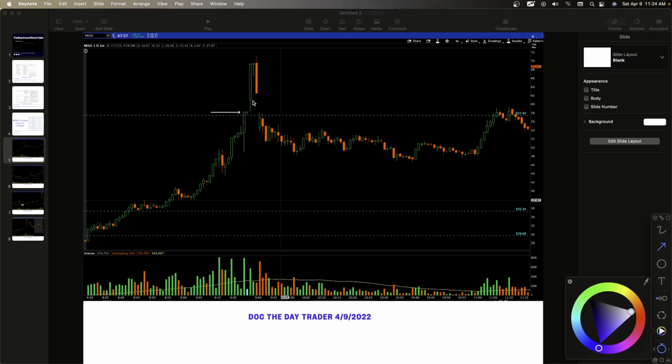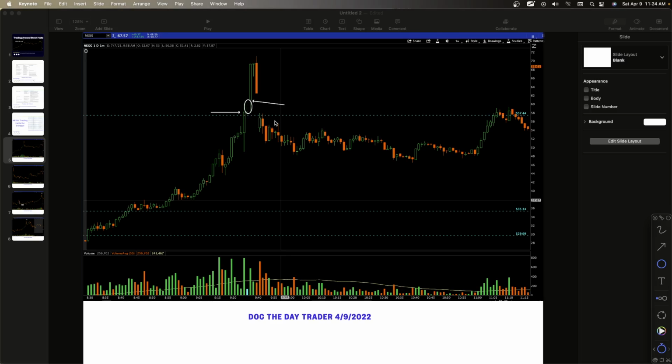Obviously, we know that the bottom body of a green candle is where it opened, right? So it halted here at, I don't know, 59 bucks, and resumed at like 61, something like that. So what are we looking for here? Well, we're looking for this gap to get filled, right?